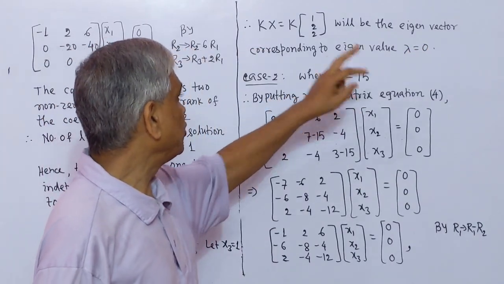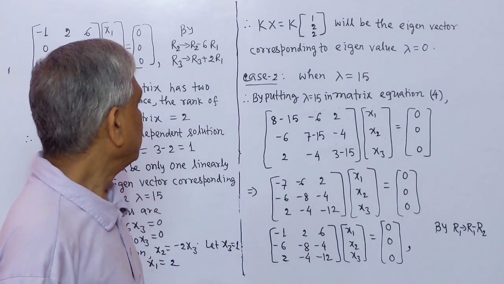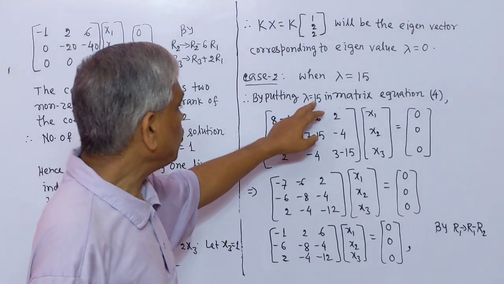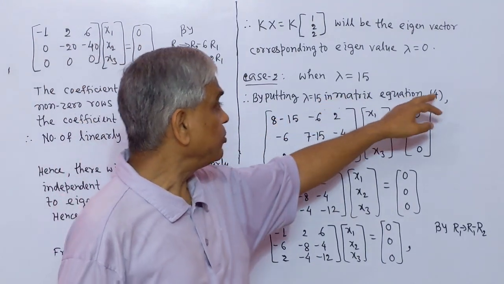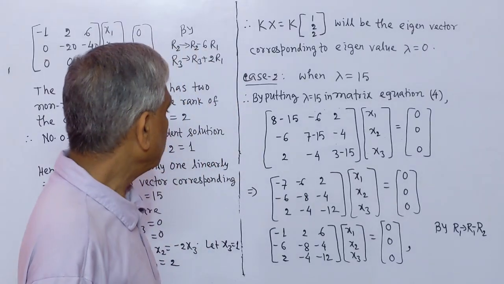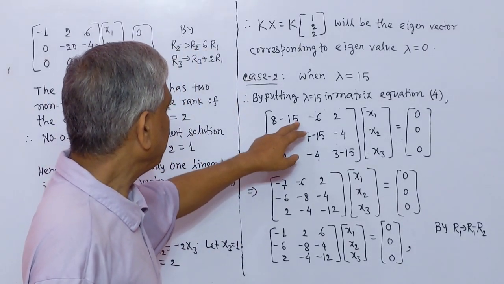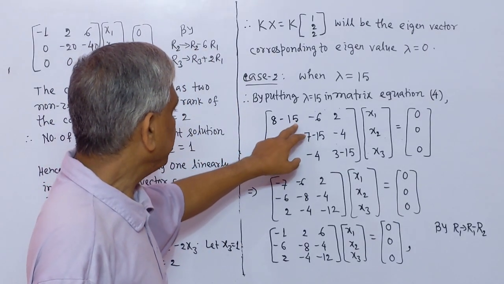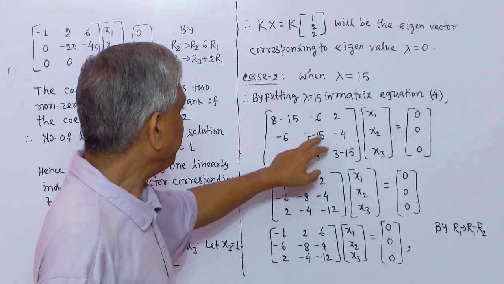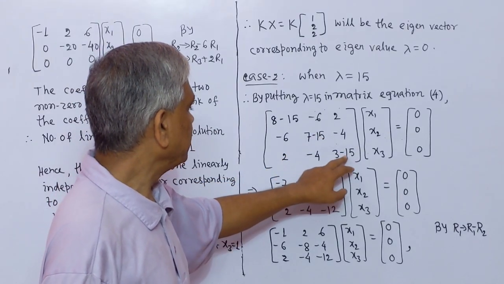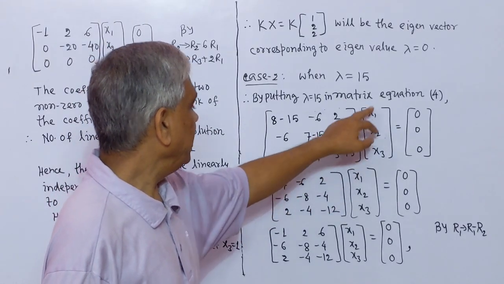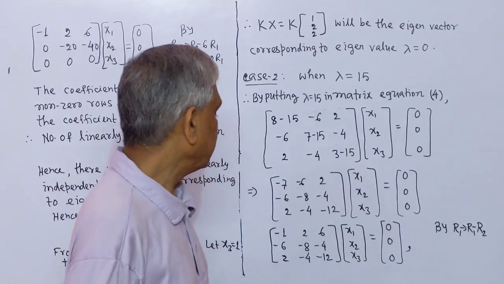When lambda equal to 15, by putting lambda equal to 15 in matrix equation 4, we get here lambda 8 minus 15, here lambda 7 minus 15, here lambda 3 minus 15, and this will be the equation.